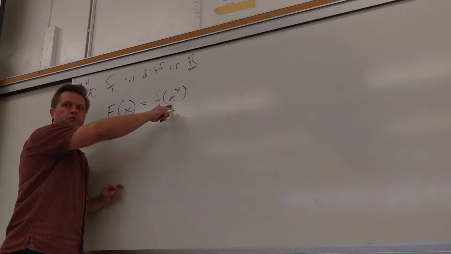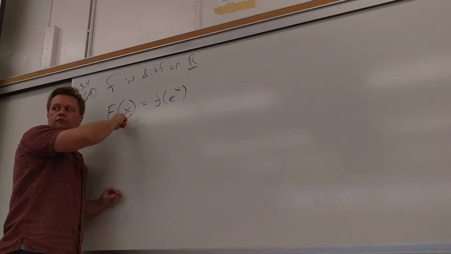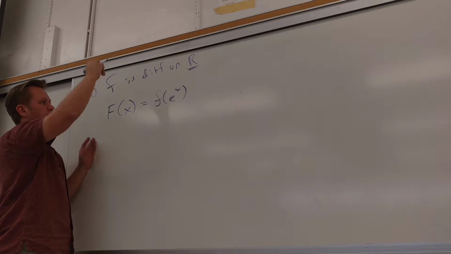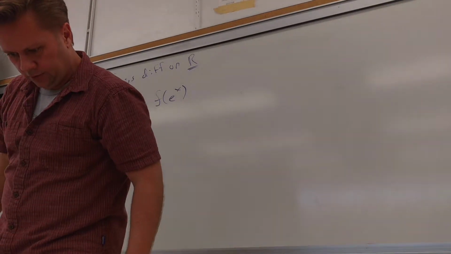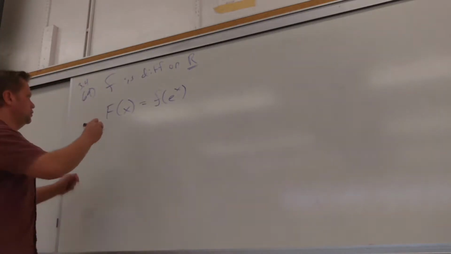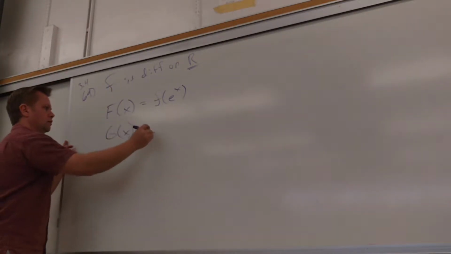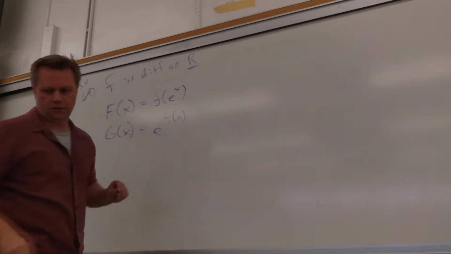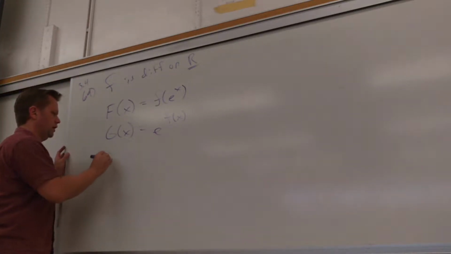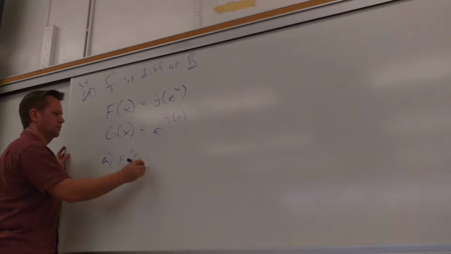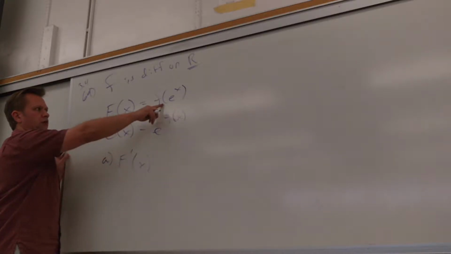Where is this differentiable? Everywhere. If f of x is differentiable everywhere, that's differentiable everywhere. And then define big G of x to be e to the f of x. Is that right, Jeff? Yes. So then it says, what is big F prime? So how would I do big F prime?